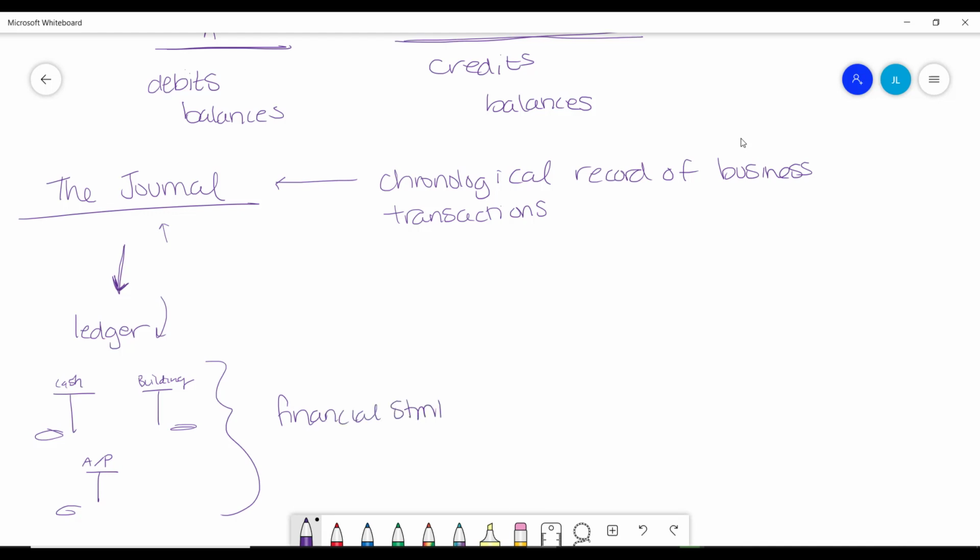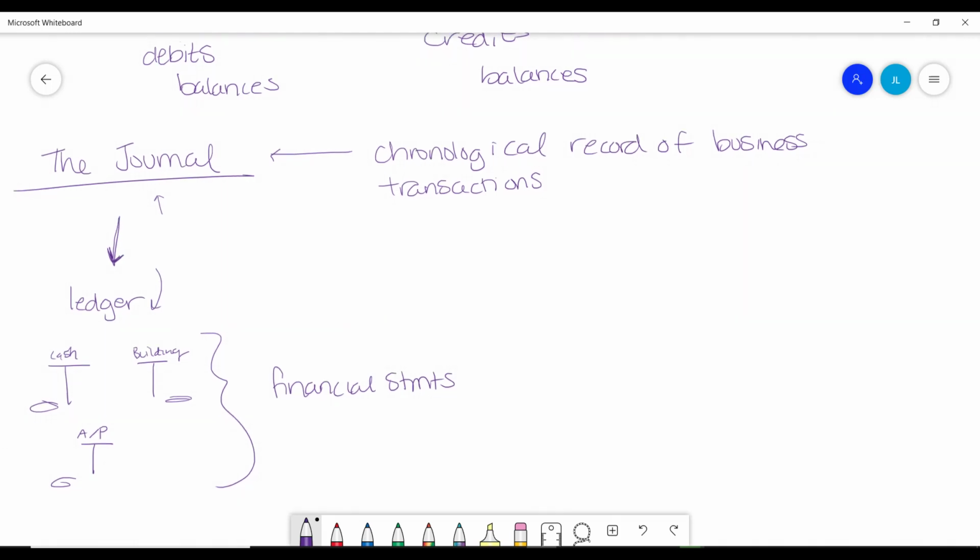But even to get to that point, we need to journalize those transactions in the journal first, transfer them to the ledger, and then we can eventually create those financial statements. So that was pretty much an overview. In the next video, we'll get into some transactions and actually see how we can apply these rules to journalize these transactions and make sure that we're following those rules correctly and that the accounting equation stays in balance.